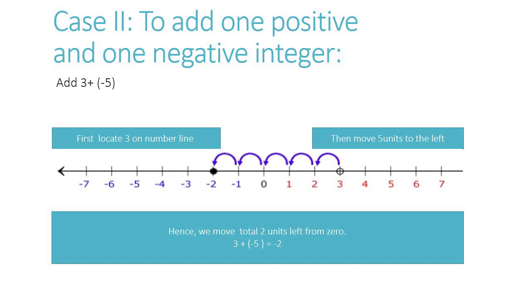Since the second integer to be added is negative, move 5 units to the left of 3. By doing so, we reach minus 2. Hence, we are a total of 2 units left of 0. So we can say that the sum of 3 and minus 5 is minus 2.